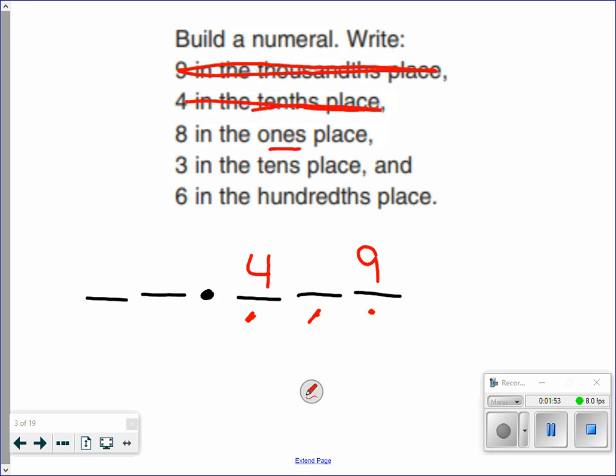So here's my decimal. It's going to the left because it doesn't have TH on it. A 3 in the tens place. Remember, has no TH, so it's to the left. A 6 in the hundredths place, which should be right there. Keep that in mind. Anything to the right of the decimal ends with THS. Anything to the left doesn't.